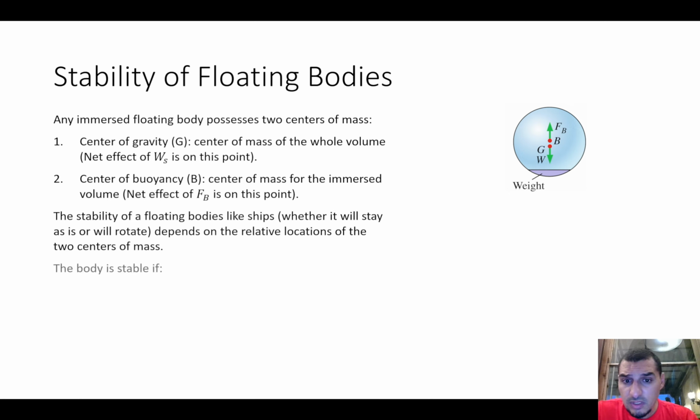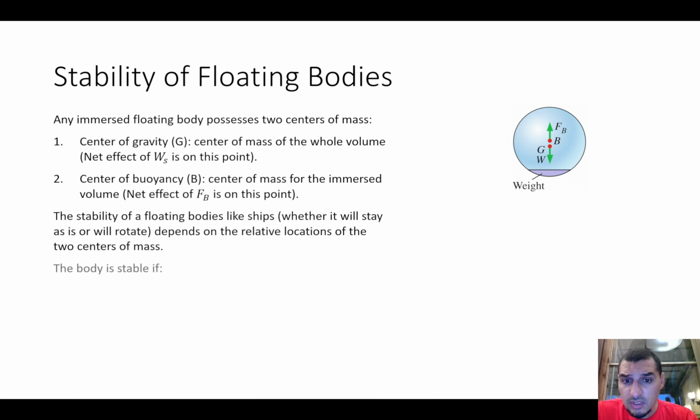There is another state where the ship would be stable, depending on the relative positions of the center of mass and the center of buoyancy. Of course this is called B dash, because the original center of buoyancy should be in the center if it's a symmetric shape like this. But when it's tilted to the right, the center of buoyancy is shifted to the right.